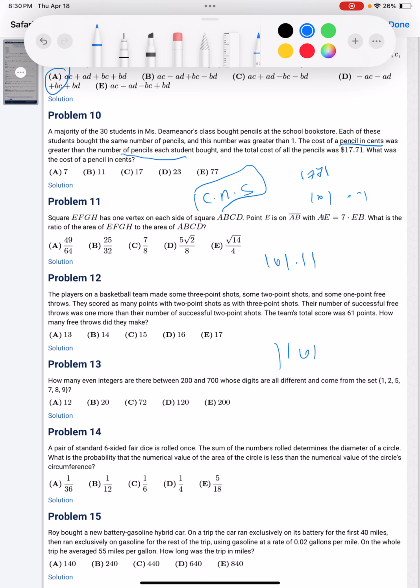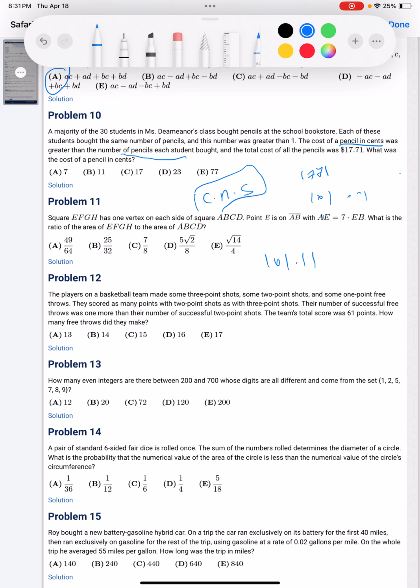Let's see if we can divide 161 by 9 or 13 or something. No. And 161 over 17? No. How about 19? Do 90, 91. No, not going to work.